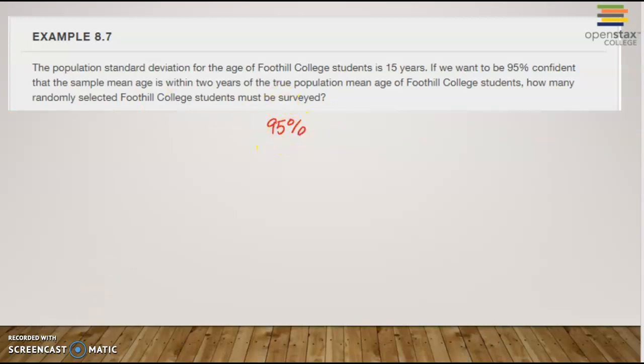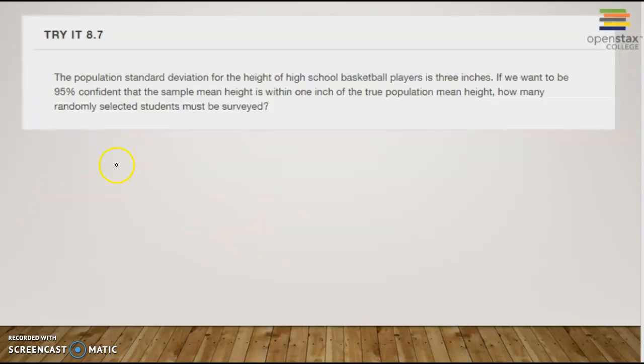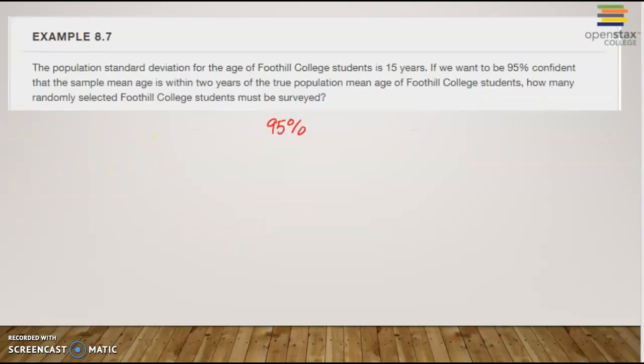Okay, 95% certainty. We've got that formula again. Your sample size, n, is going to be equal to your multiplier. That's on the chart. We're going to go get that. It's related to that 95%.